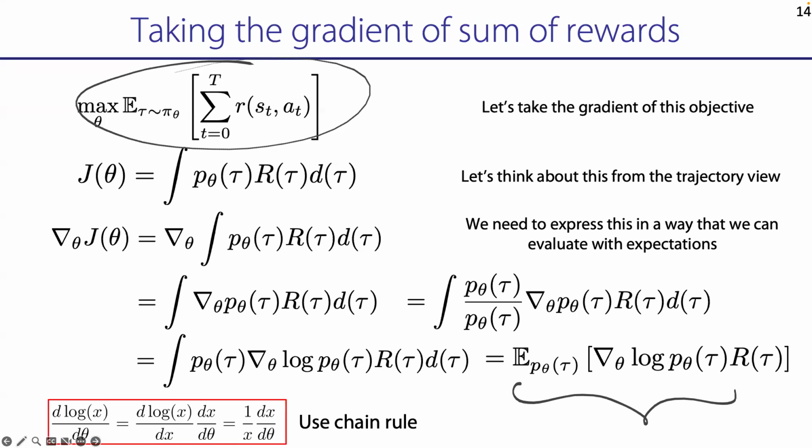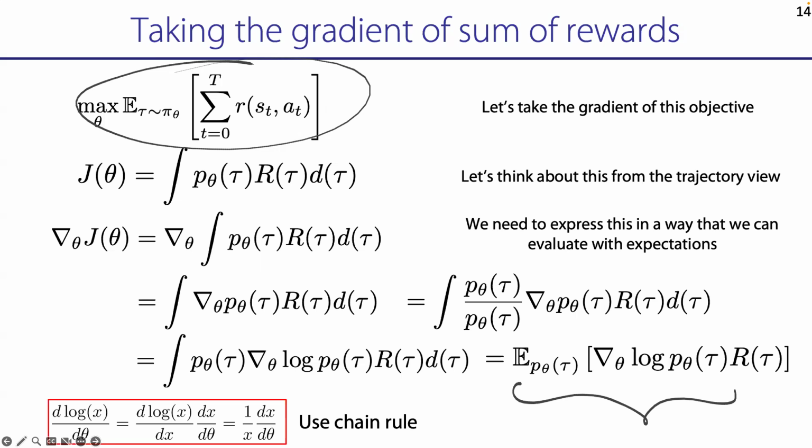You know the reward, you know how to sample from the trajectory, you know how to sample from the policy, so you know p theta tau. So this is something you can compute computationally, in PyTorch. But so far it's kind of abstract: what is r tau, what is p theta tau?